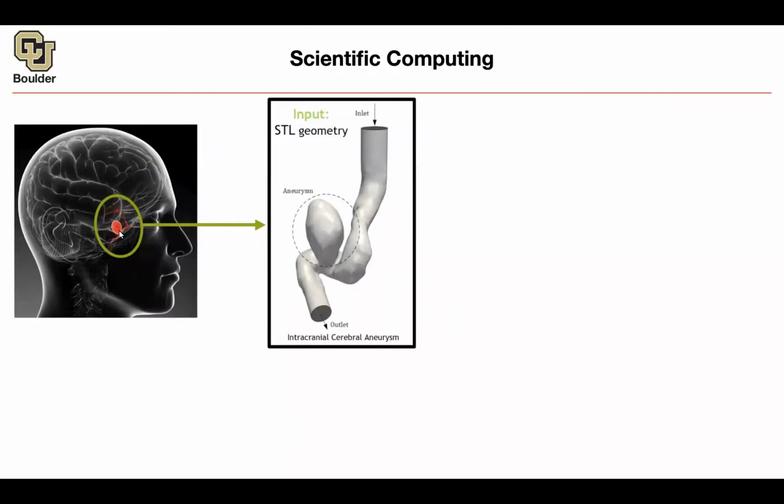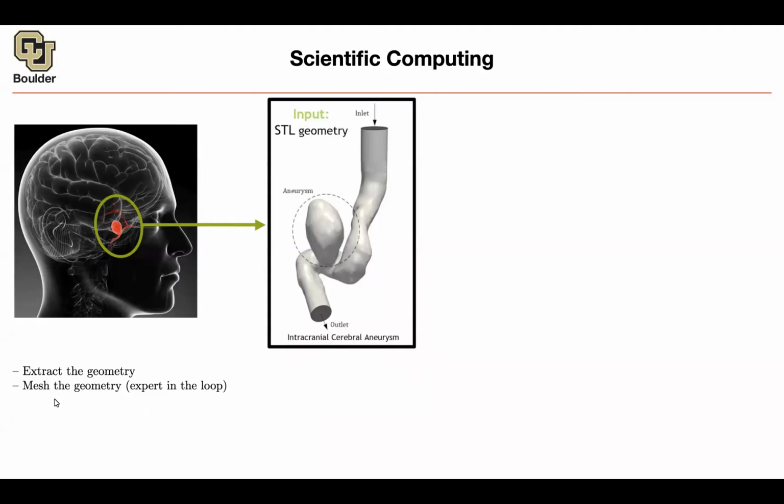You extract the geometry from a patient, you mesh the geometry, and for those of us who have been working with meshing, we know that you need to have an expert in the loop. It's not only a science, it's also an art of how to come up with conforming meshes. So you need to have an expert in the loop.